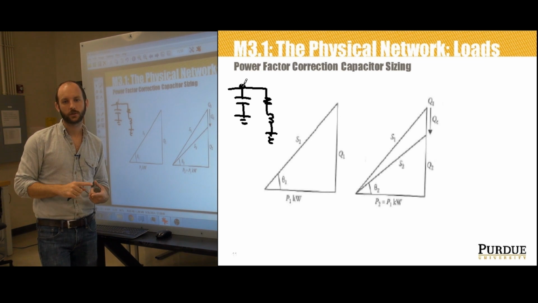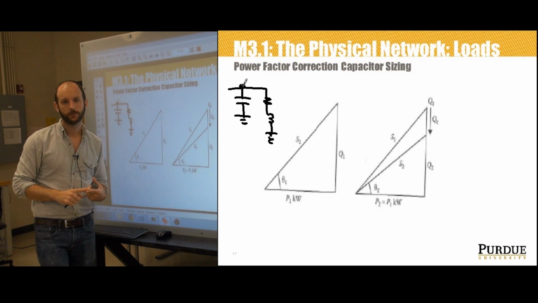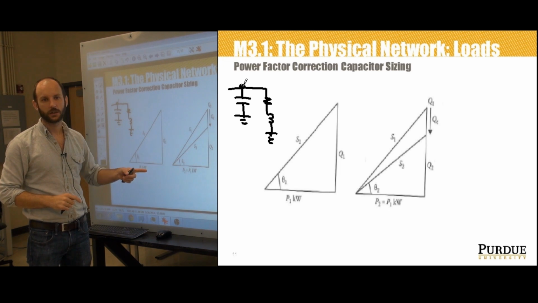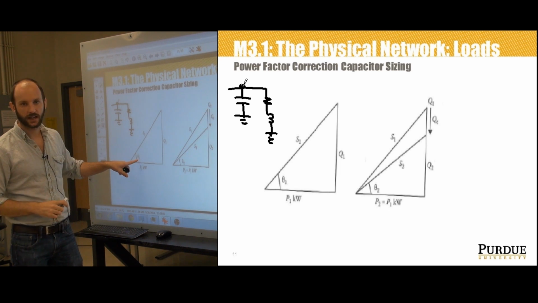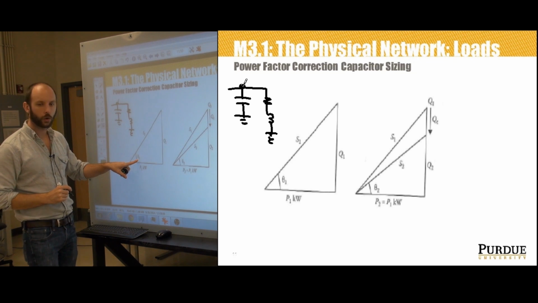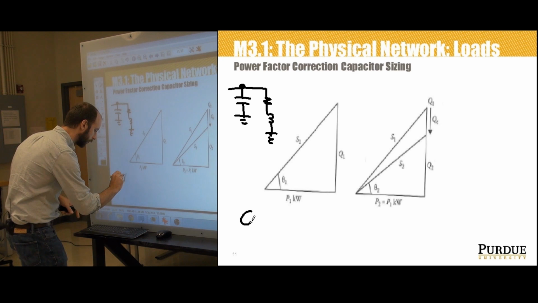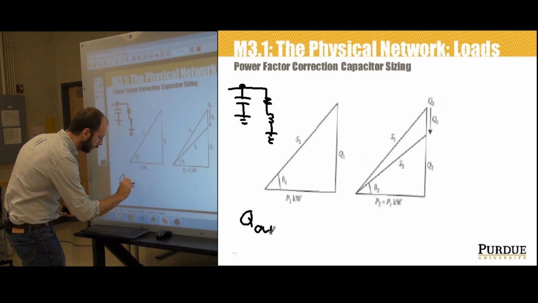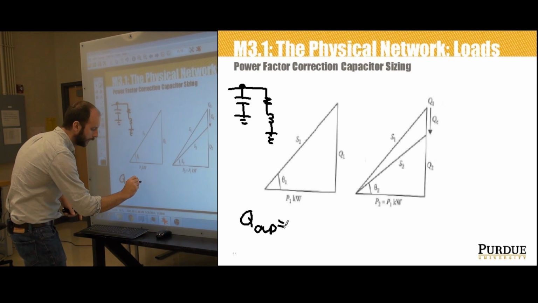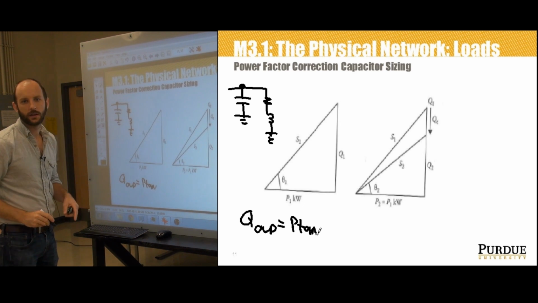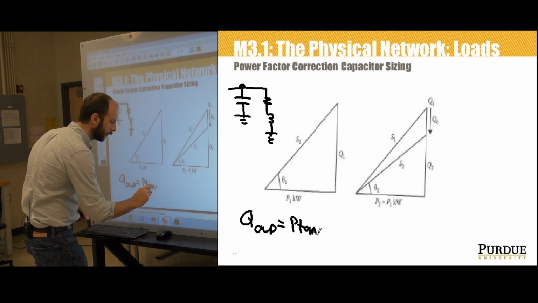What will change is the reactive power. Q old here is equal to P times the tangent of our old power angle. So I'm going to call it Q old. It's equal to P tan of theta 1.